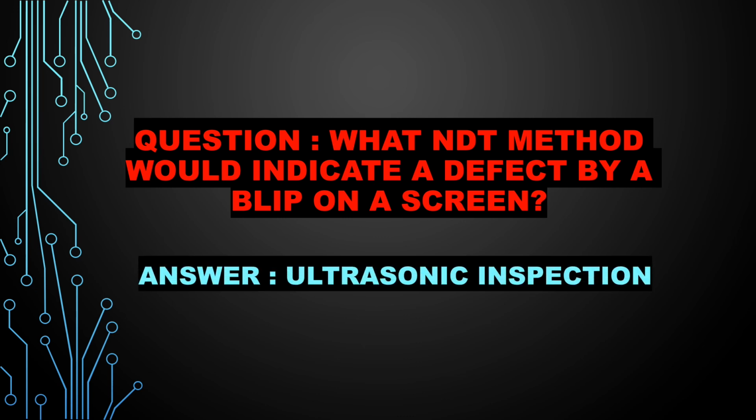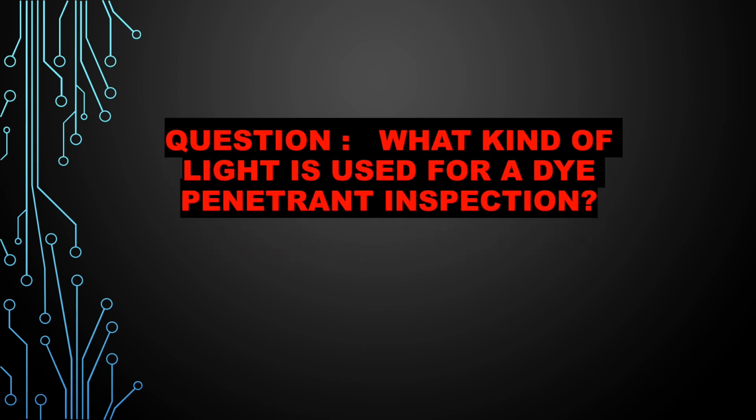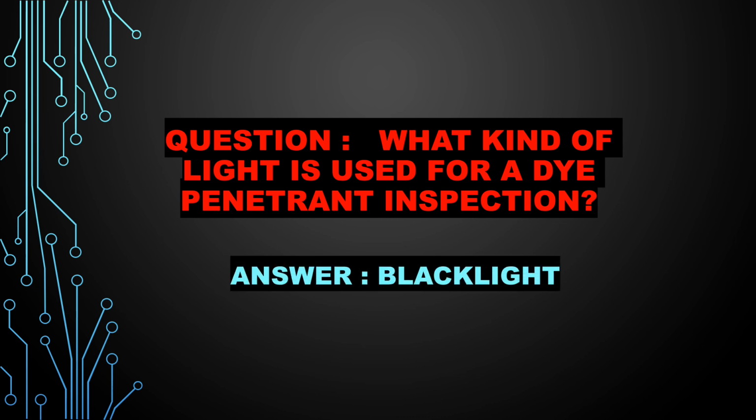Answer. Ultrasonic inspection. Question. What kind of light is used for a dye-penetrant inspection? Answer. Black light.